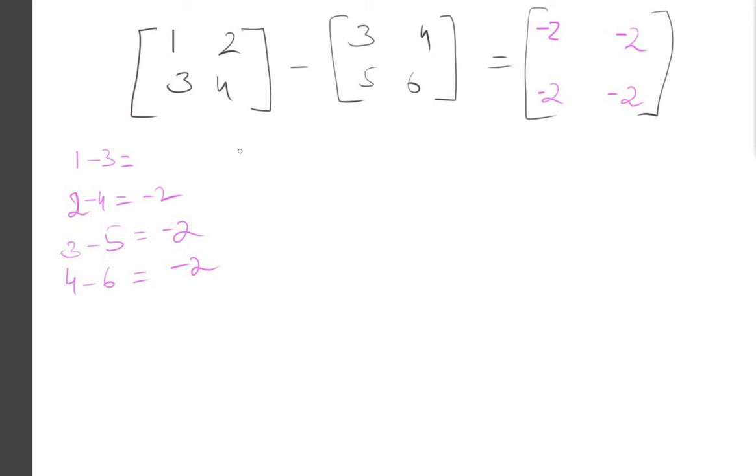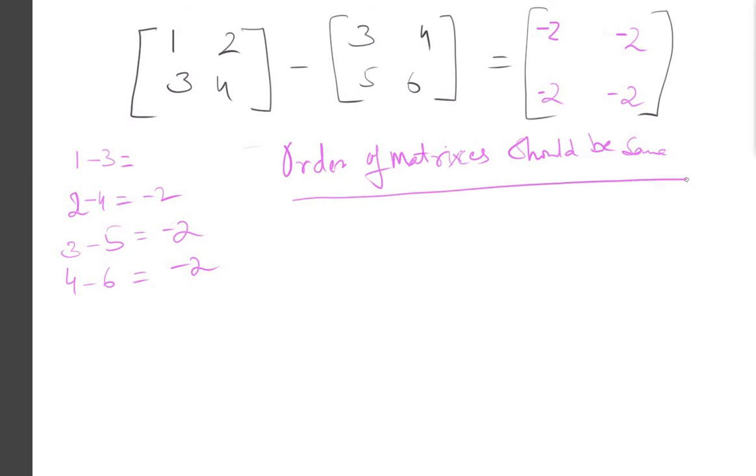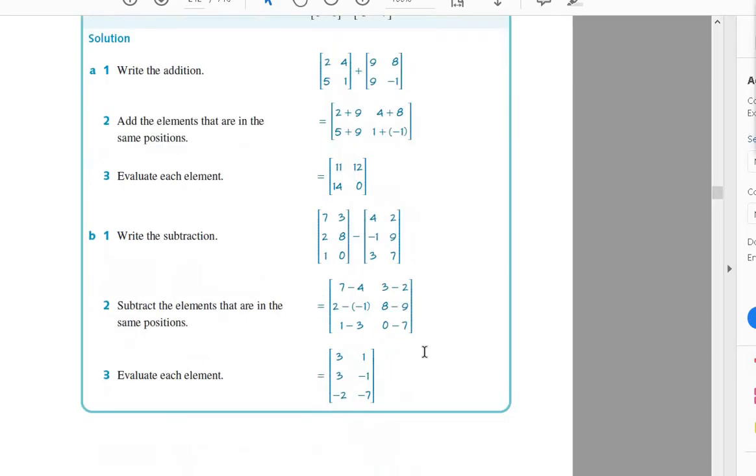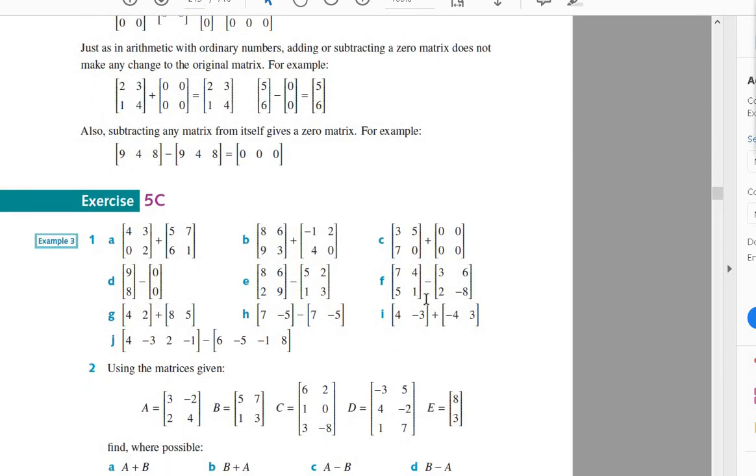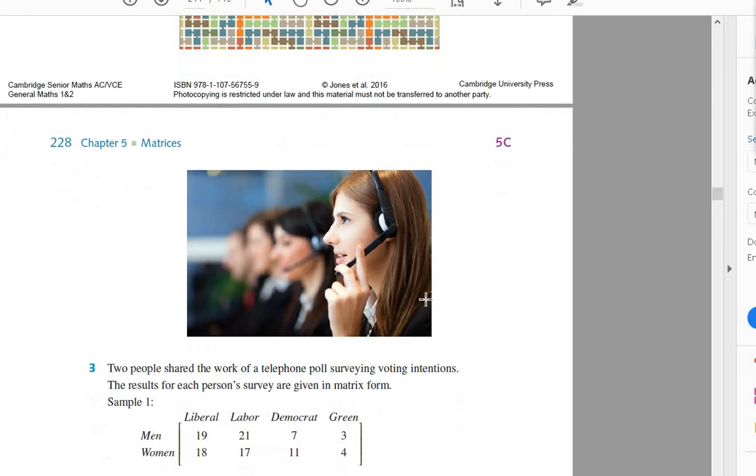And the most important part, I'm writing it again, is that the order of the matrices should be the same. Make sense? That is what your 5C is all about.